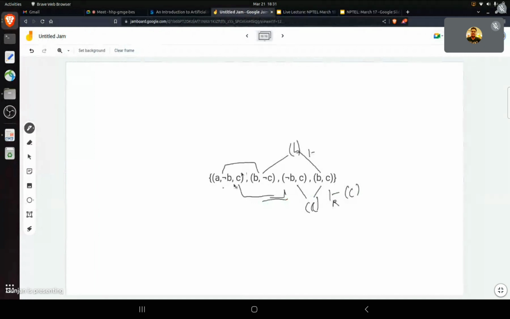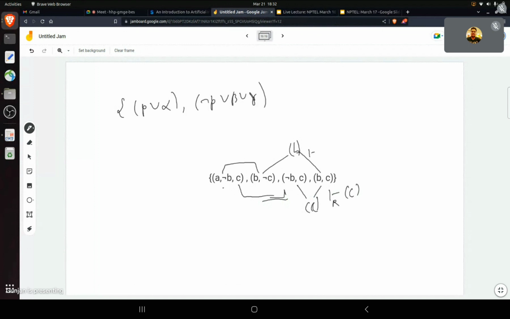Have you checked, if you take the first two, then what will it resolve to? The first two will not be true, because for resolution you need to have a condition like this: it is P or alpha, and there is not P or beta or gamma.